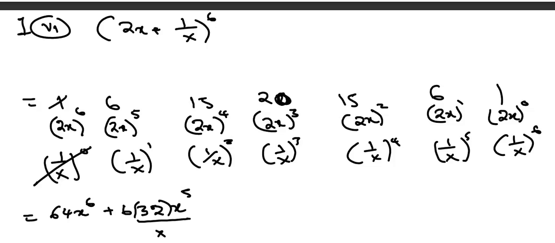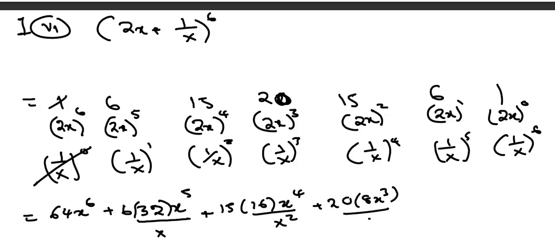Then here, I'm having a 15 times 2 to the power 4. That's a 16. Then x to the power 4, then downward I'm having x to the power 2, then here I'm having a 20, this is simply 8, x to the power 3, then downward I'm having x to the power 3, plus a 15 and a 4, x squared.